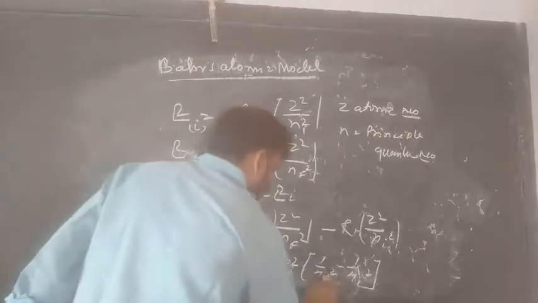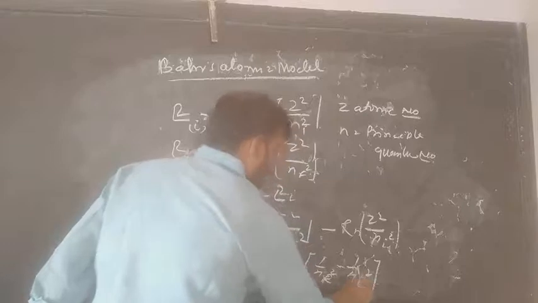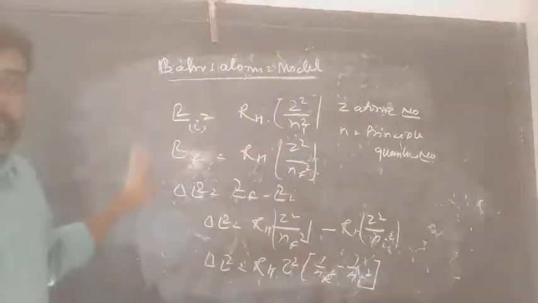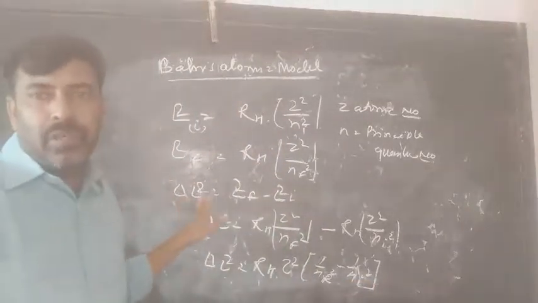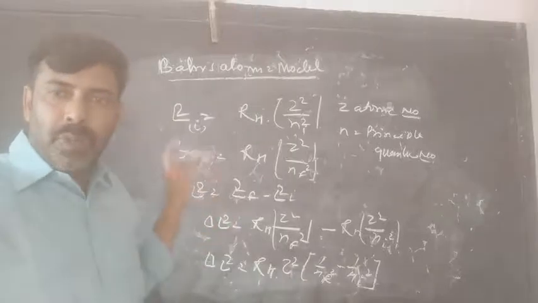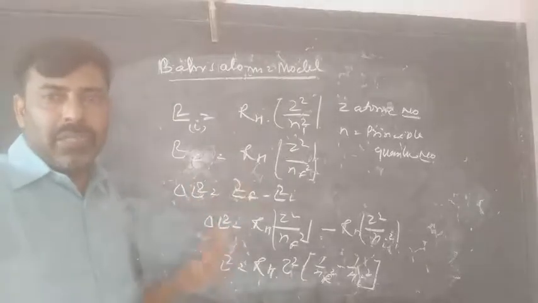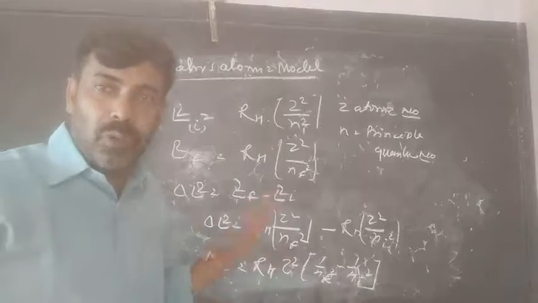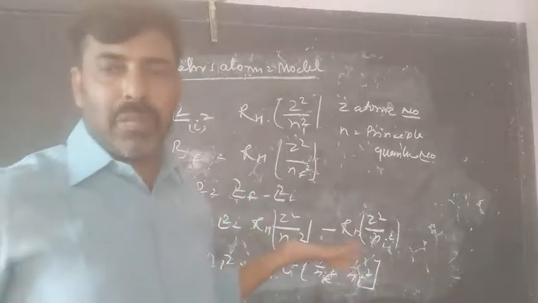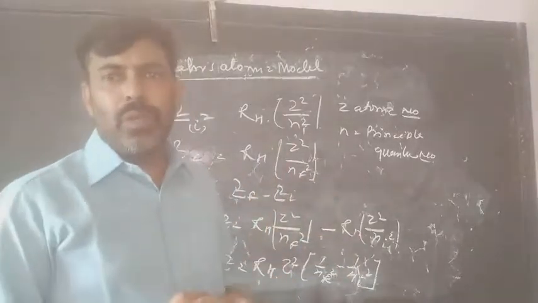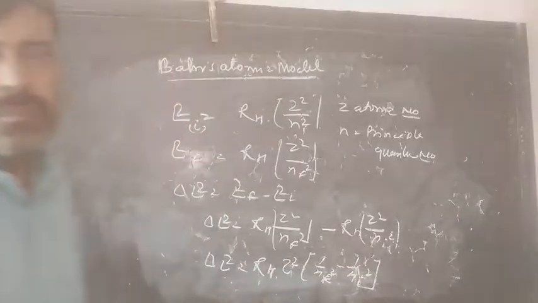This is the Nf square, this is the Ni square, and this is the energy needed for the transition of electron from one energy level to another energy level. That may be the transition from the lower energy level to the higher energy level, or from the higher energy level to the lower energy level.